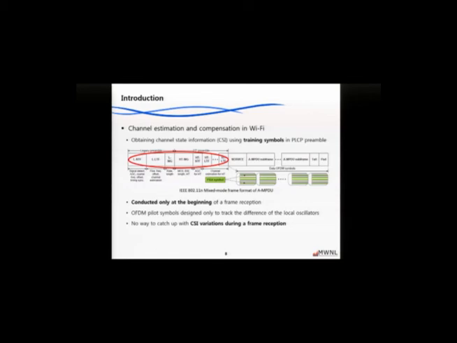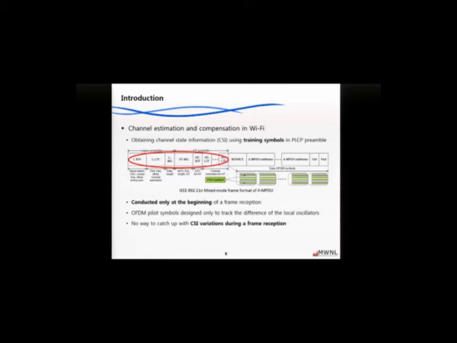The thing is, Wi-Fi's OFDM symbol includes some pilot symbols which are embedded in each OFDM data symbol. These pilot symbols cannot be utilized to track the variation of the channel, but they are used to track the phase variation only.